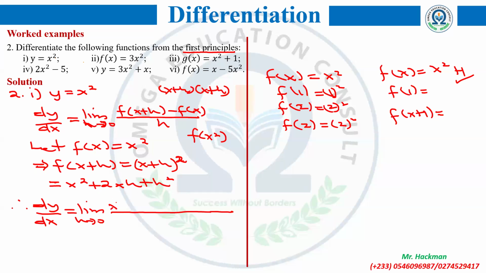So that will give us x squared plus 2xh plus h squared, then minus f of x, which is a monomial, x squared. So you can choose not to put it in brackets. So x squared all over h.